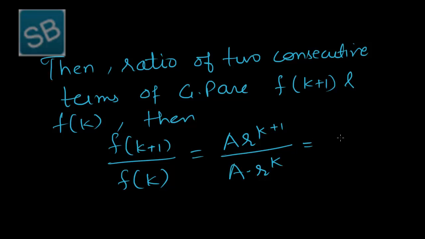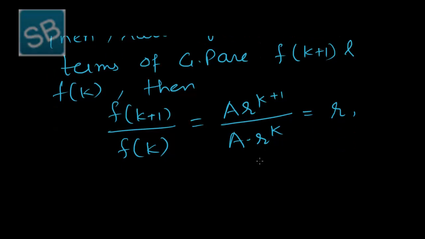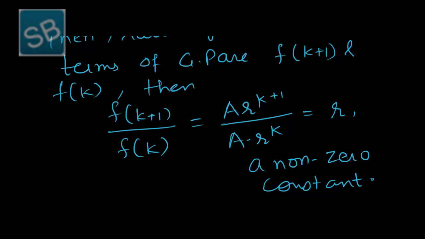So we get r, which is a non-zero constant. So the theorem is proved: the ratio of two consecutive terms of a GP is a non-zero constant.